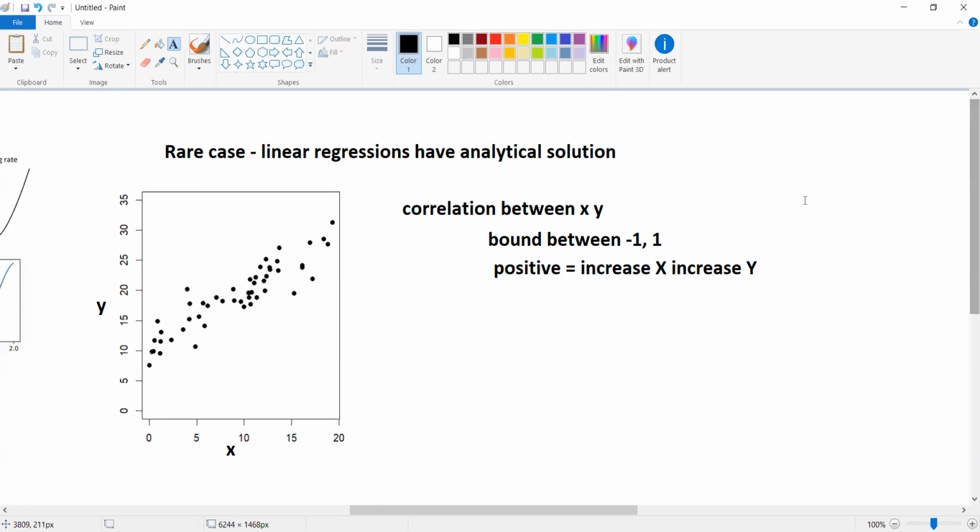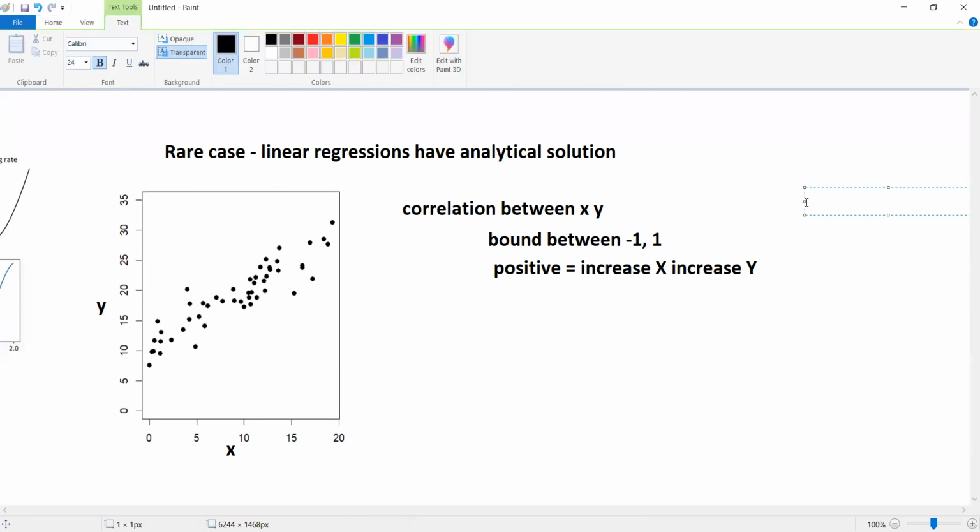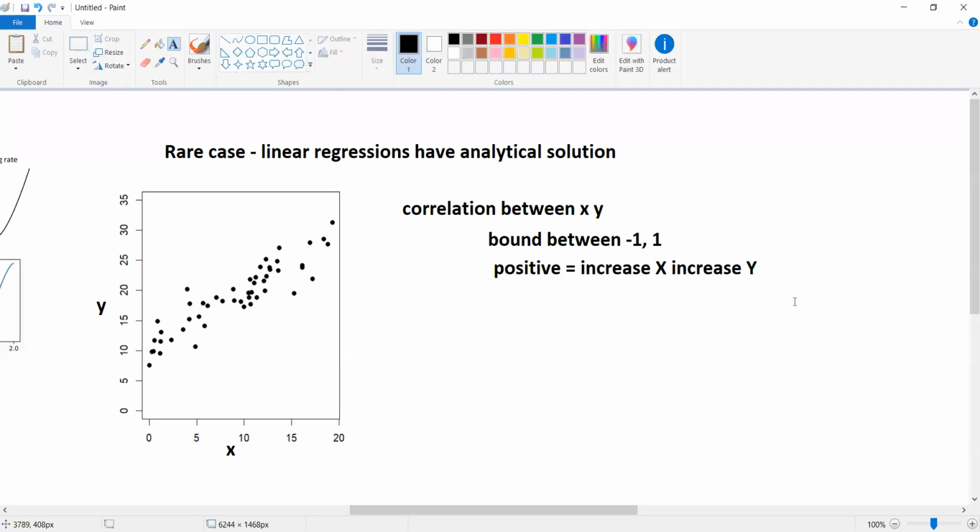There is a formula: the correlation is the average of X minus the mean of X... I'm going to look it up, but it's something divided by something. We'll get to it very soon.